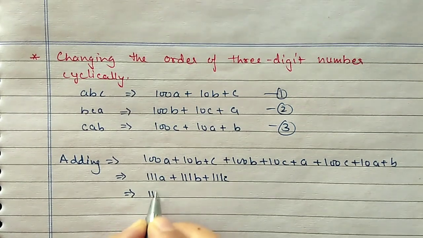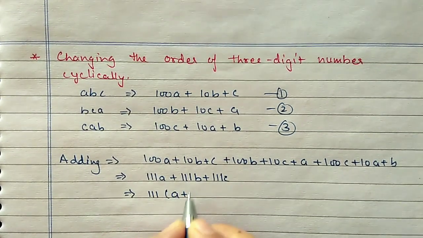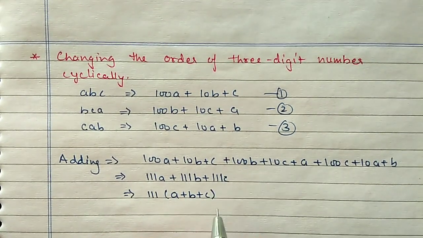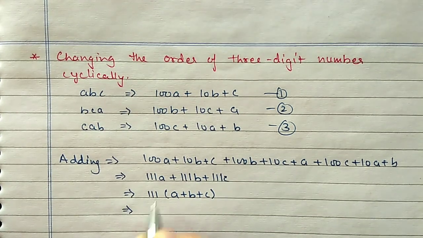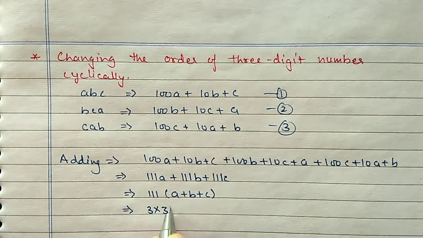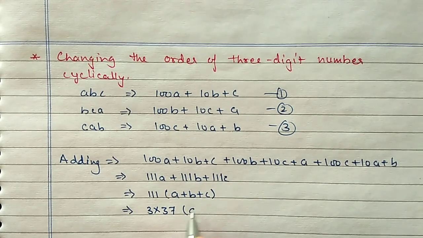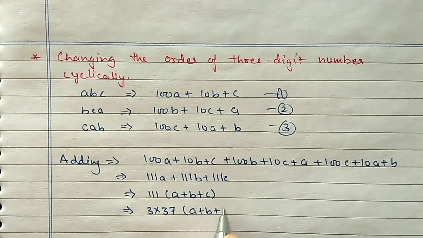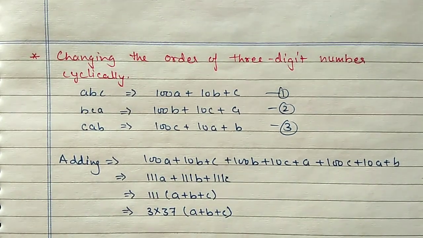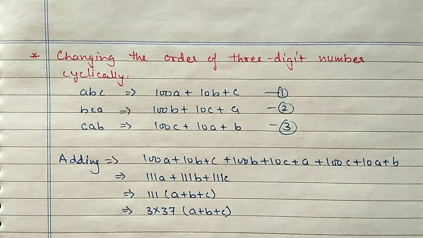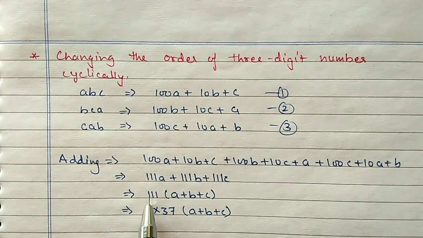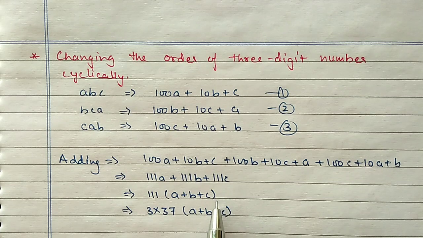We can take 111 out common, and in the bracket we will have A plus B plus C. We can also write 111 as 3 into 37. So finally, if we change a 3-digit number in cyclic order and then add, we will always get 111 into the sum of digits.